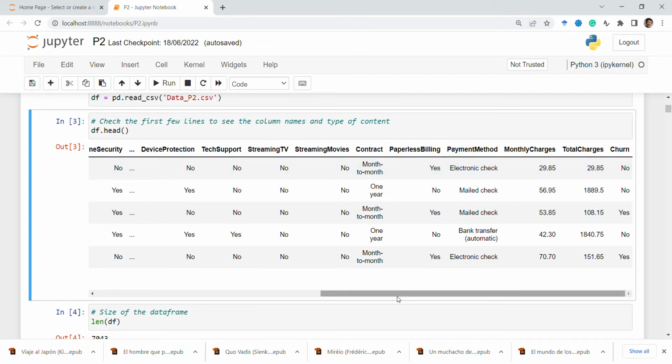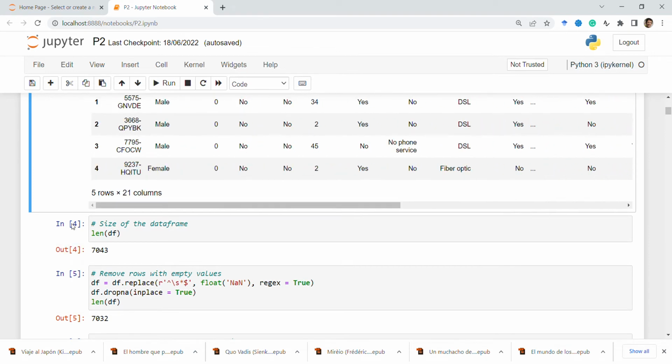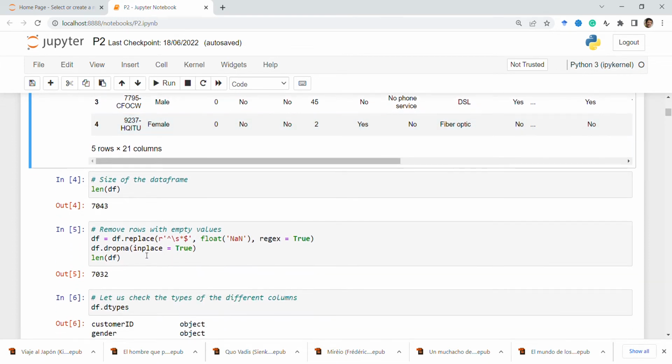And we see that we have about 7,000 lines, so 7,000 entries of this database. Then there are a number of entries that are not completely full, so they may have not a number, or they have something that is not really the value that we want.